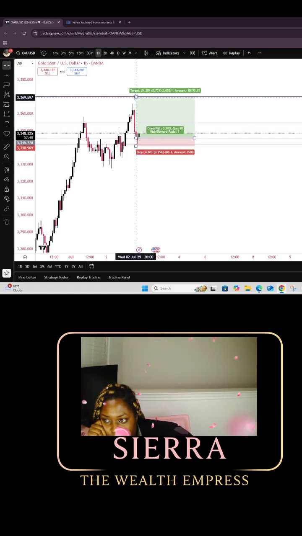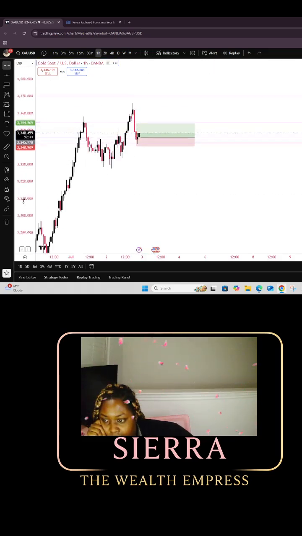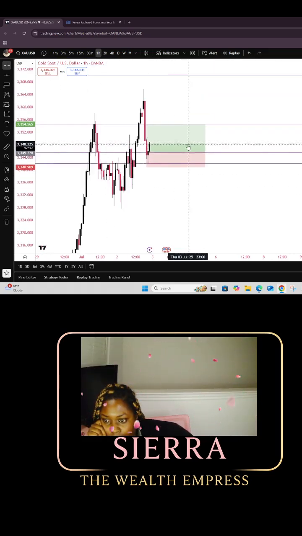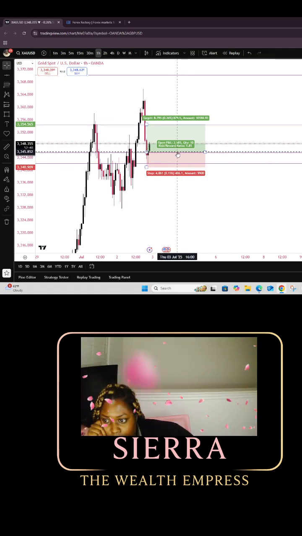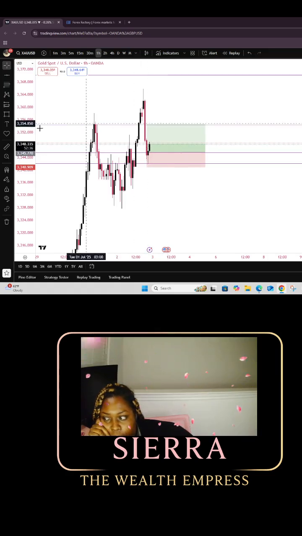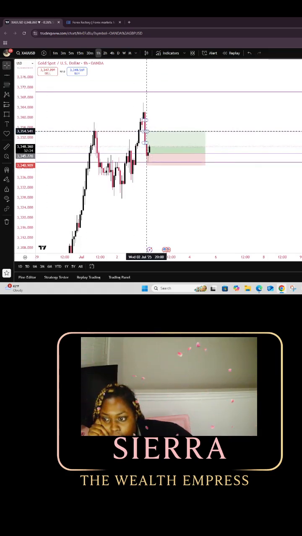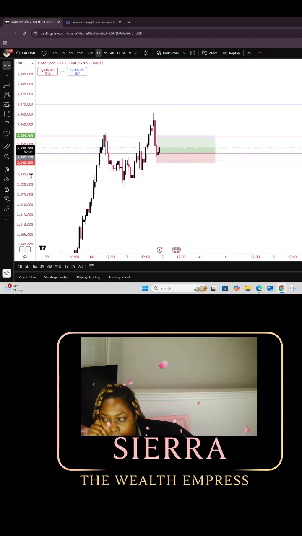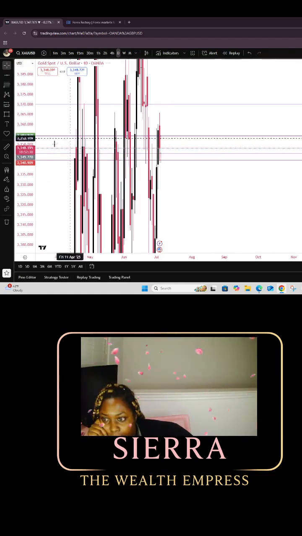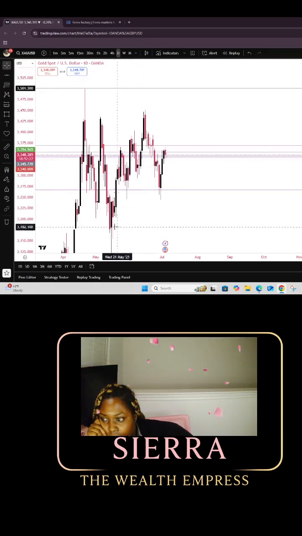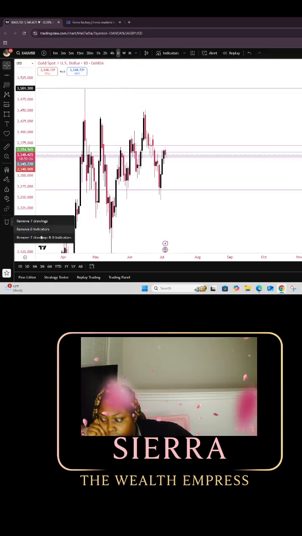Even if we just took it to here, you'd have to tighten up stop loss, but it's still 87 pips, which is great, a great trade. So that's why I'm not going for anything higher, but I don't see any daily liquidity.